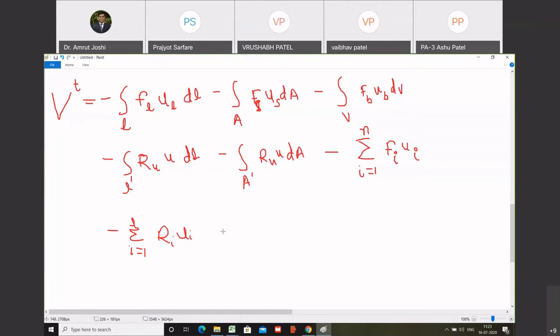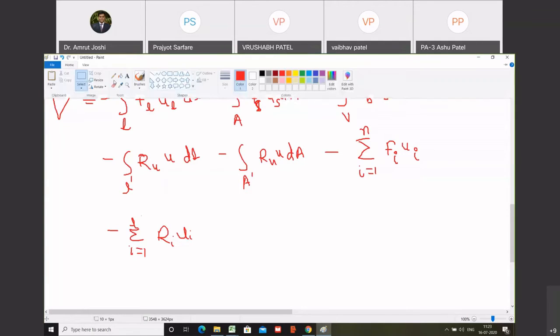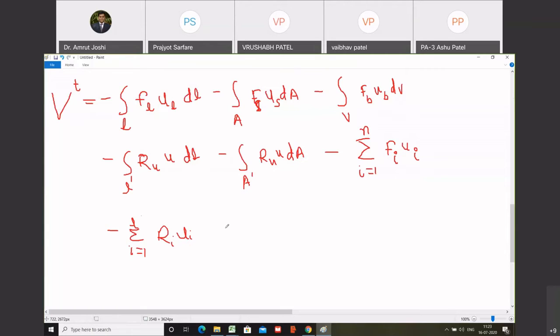In this, I now have to add the component of strain energy. So how do I add the component of strain energy? It is integration over the volume, stress tensor transpose multiplied by strain tensor, dV, and half is sitting there.